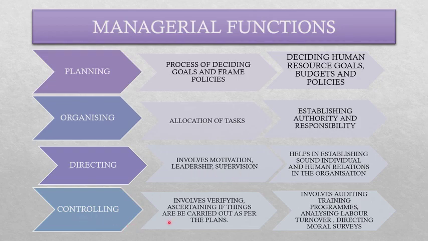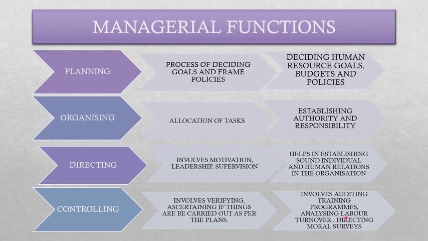Last point is controlling. You have to see that whatever task you have given to an individual, you are keeping a check on whether he is able to do that particular job as it's decided or as he has been instructed. So you're keeping a check on that. It also involves various training programs, auditing, analyzing labor turnover.